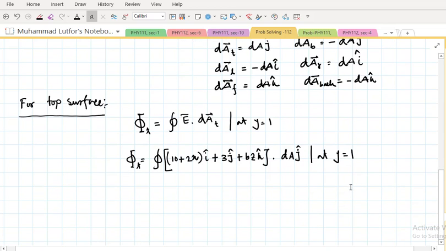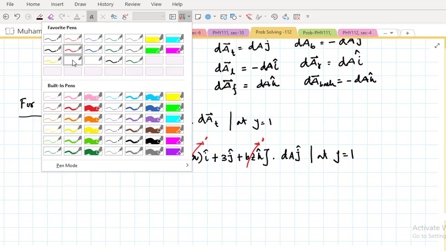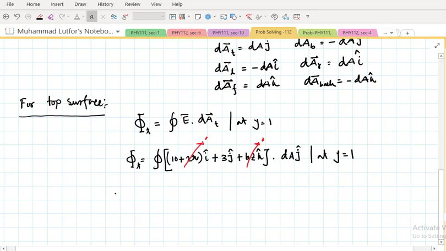Now if I take the dot product, you know that i dot i is basically 1, but i dot j is basically 0. So that's why the terms i dot j and k dot j are going to be 0, right? They will cancel out. Then I will find that this phi t would be basically 3 into dA, for the top surface.